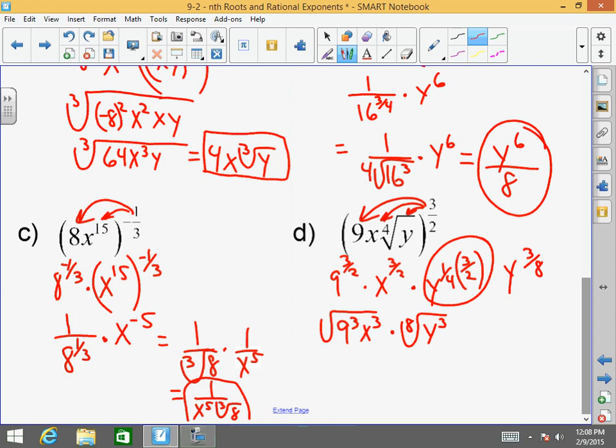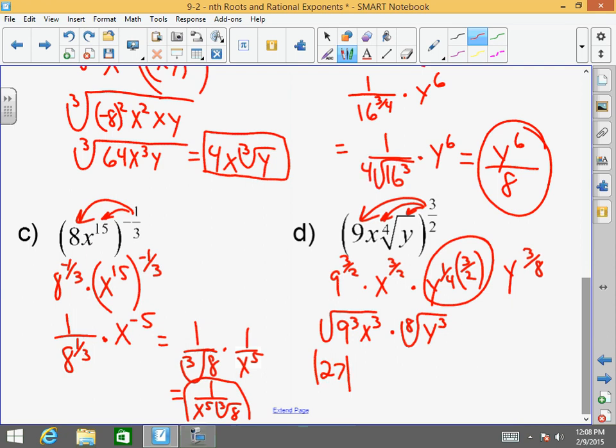So, the square root of 9 cubed, I can take out, a square root of 9 is 3, right? And 3 cubed is 27. So absolute value of 27, because I took out an odd exponent from an even root.